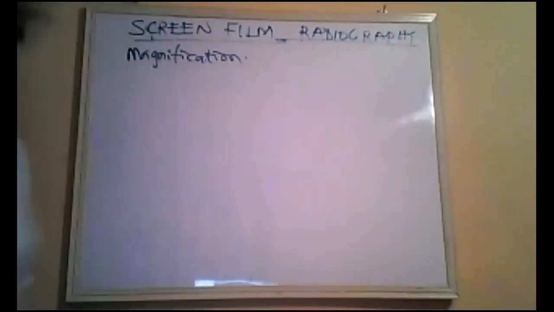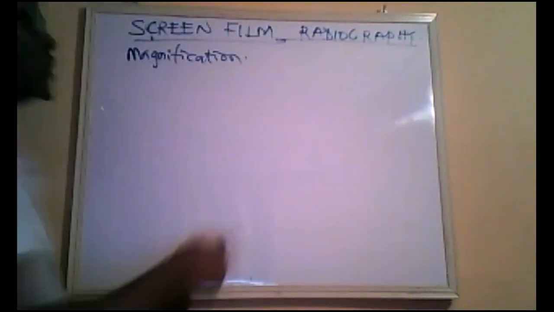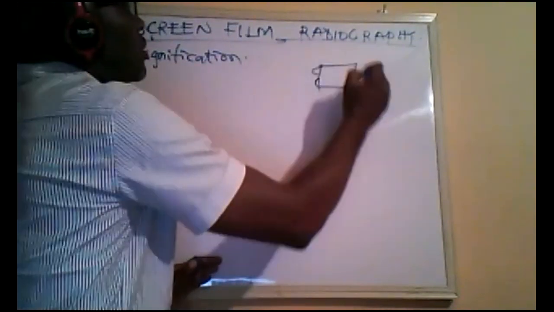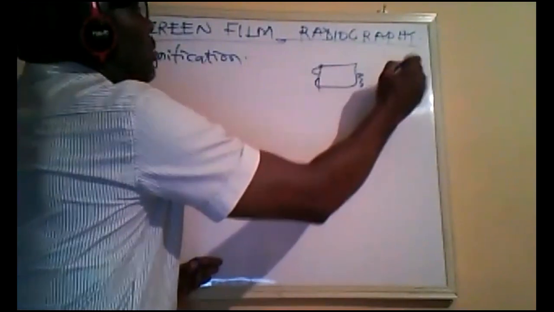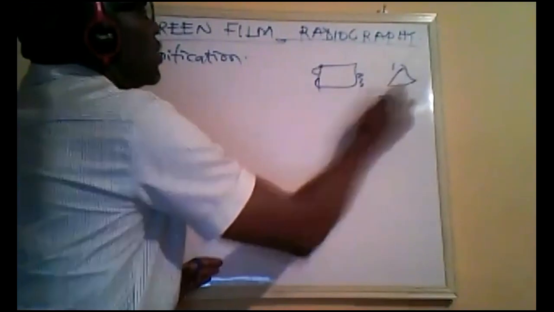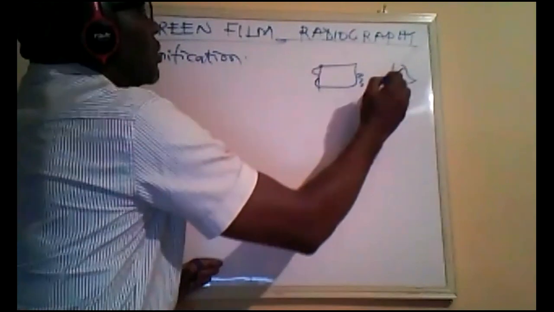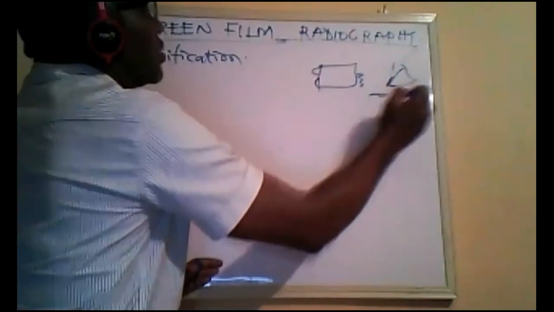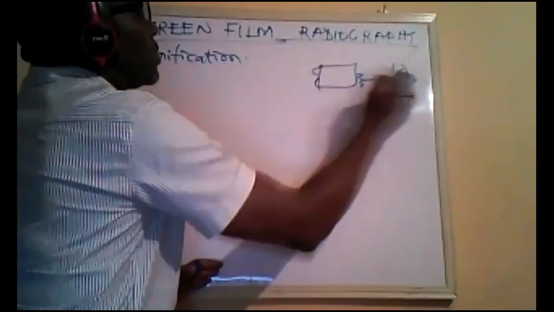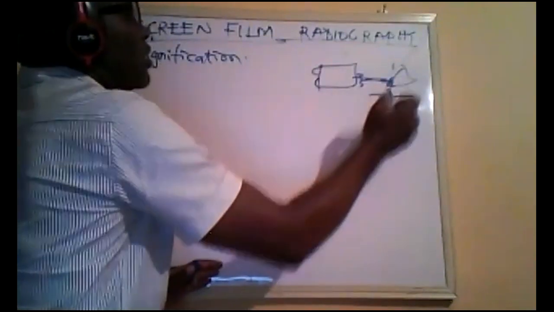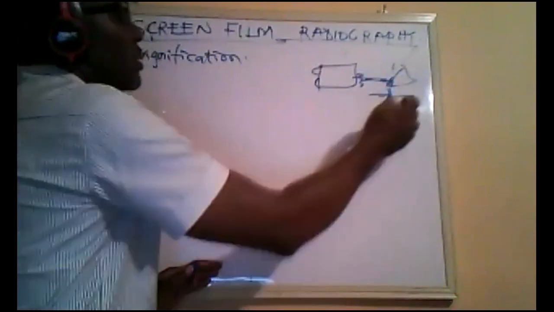We know when X-rays leave the X-ray tube, we have an X-ray tube, and this is the window. The X-ray beam continues to diverge even after passing through the patient.